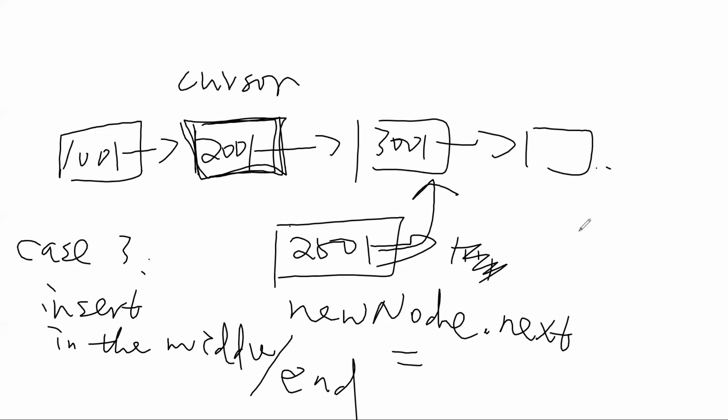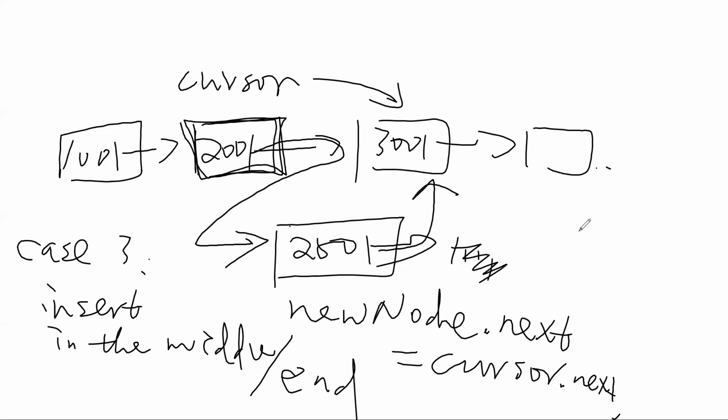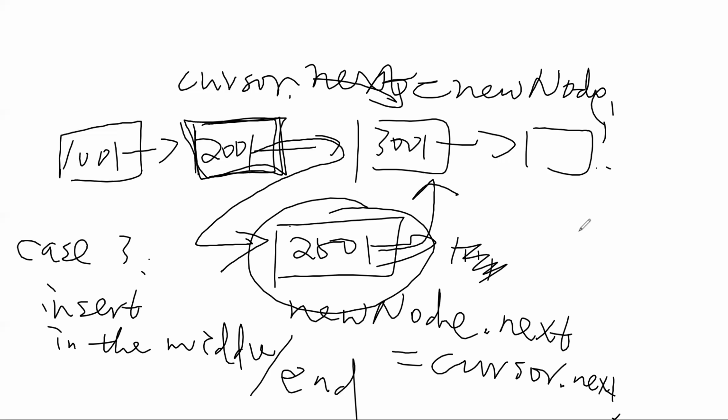So who is 300? 300 is cursor's next. So you need to set new node's next to cursor's next. And then what? Then you need to reset cursor's next to this new node. So cursor's next equals new node. And after you finish this, then this 250 got inserted.